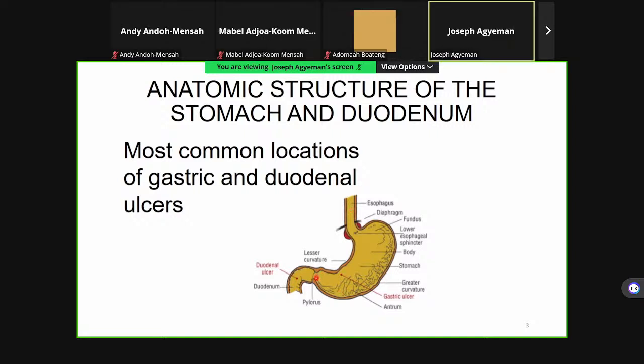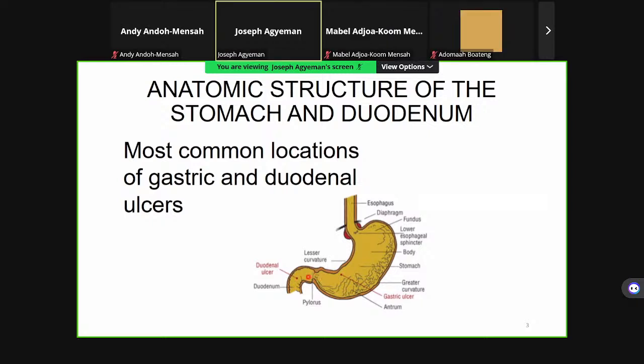If you come to the junction between the stomach and the duodenum too, the pyloric sphincter regulates what is termed GIT emptying, so stomach emptying or gastric emptying, which means the passage of materials from the stomach into the duodenum is regulated by the pyloric sphincter.